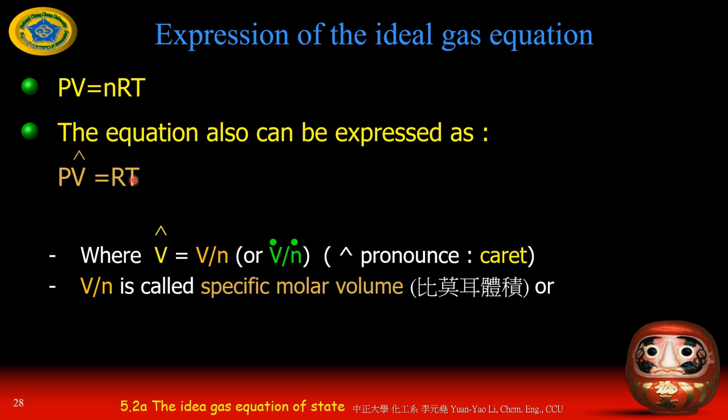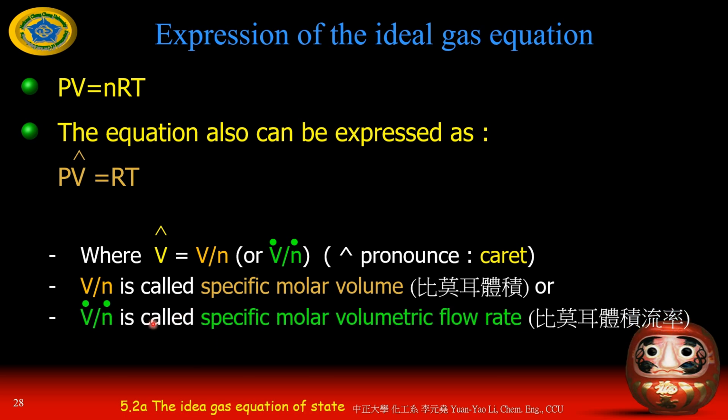Please remember this equation because you need to know the meaning of V-caret. V-caret means V divided by n, or V-dot divided by n-dot, because it removes the time term. V-dot over n-dot is called the specific molar volumetric flow rate.